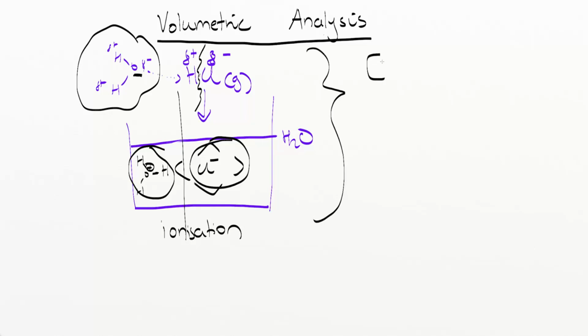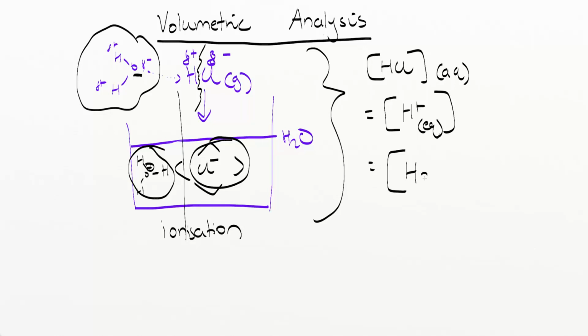We can say that the concentration of HCl aqueous is going to be equal to the concentration of H plus ions in the solution, because every single HCl molecule will ionize to form H plus, and that H plus is going to be equal to H3O plus. Sorry, that's aqueous, my bad, in aqueous solution like this.